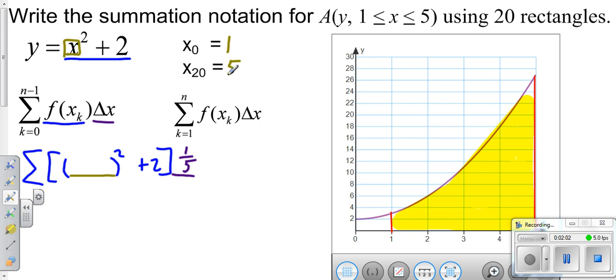All we have to do is figure out the equation of the line that goes through the point 0, 1 and the point 20, 5. To figure out the equation of a line, you do your slope. So you do 5 minus 1 over your 20 minus 0, and that's your slope.